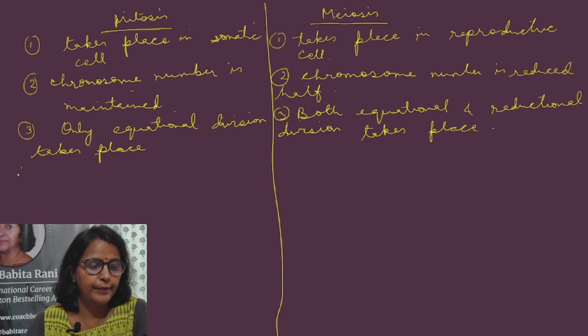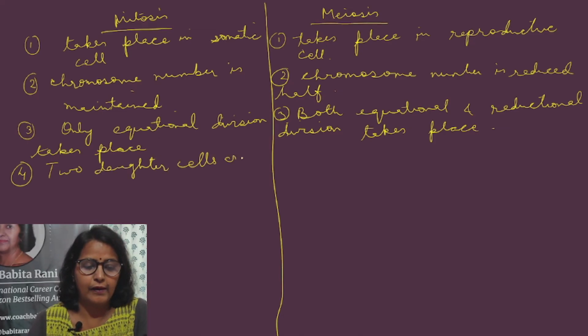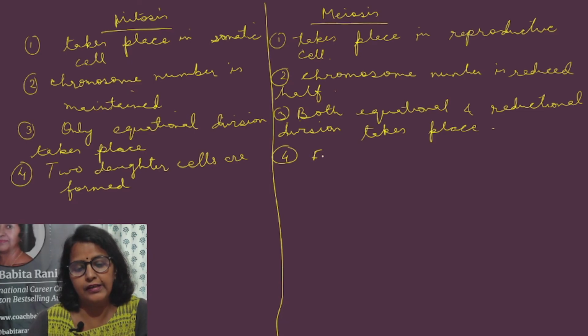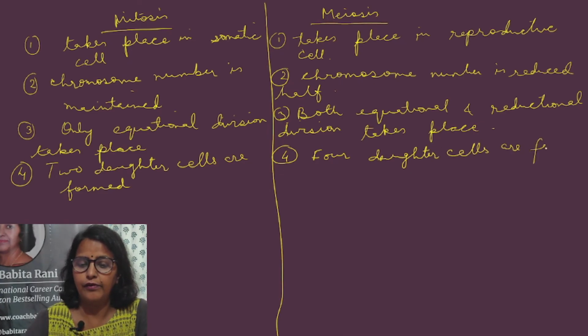Number 4, 2 daughter cells are formed in mitosis; 4 daughter cells are formed in meiosis.